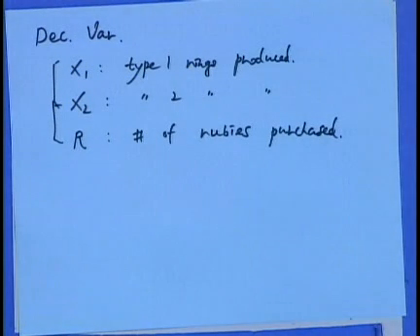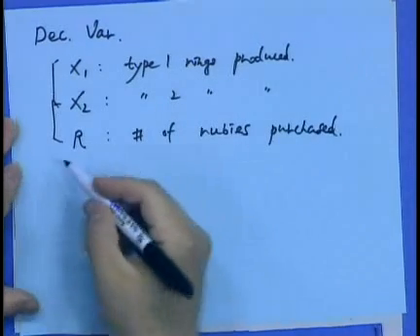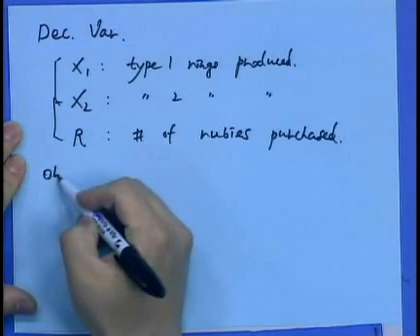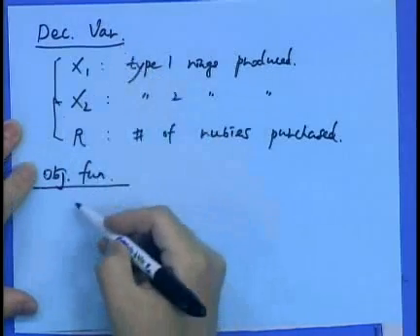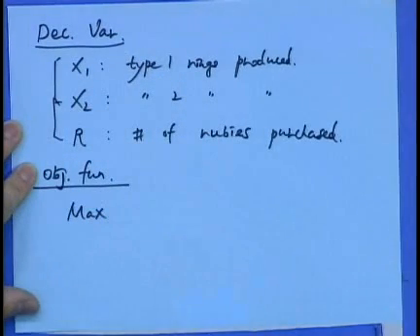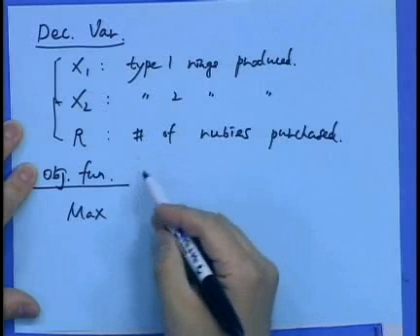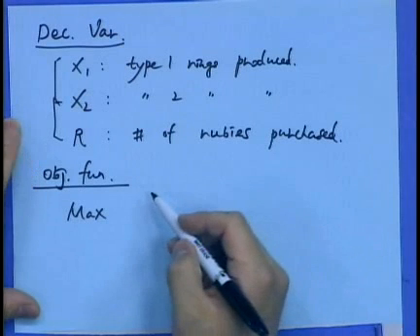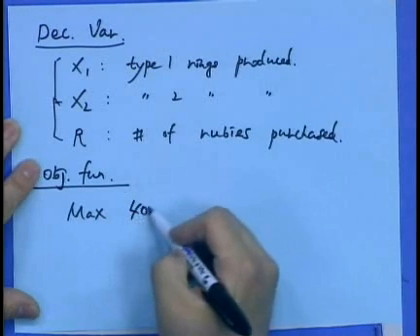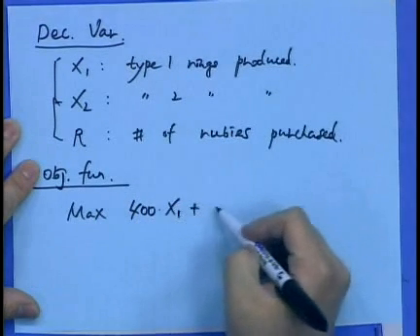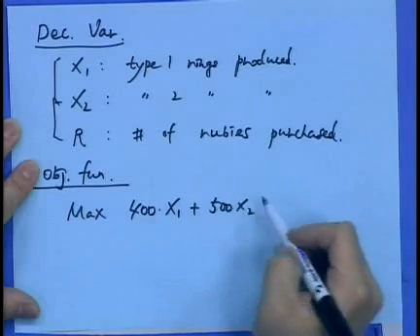And our objective function is to maximize Jayer's profit. So maximize the selling price for both types of rings, which is 400 times X1 plus 500 times X2.